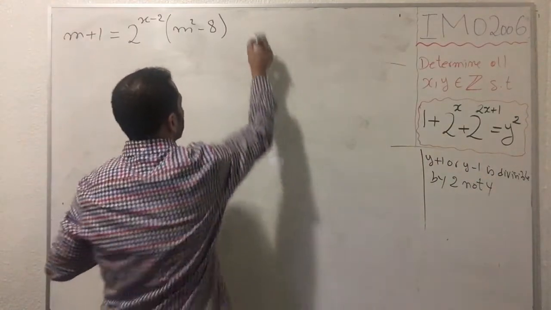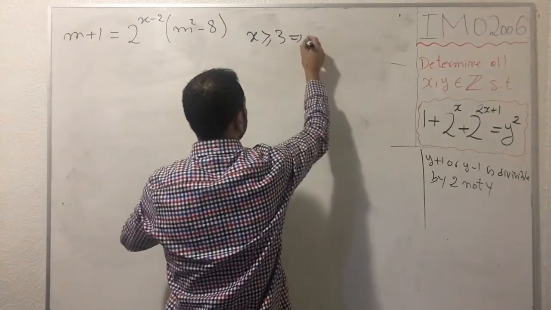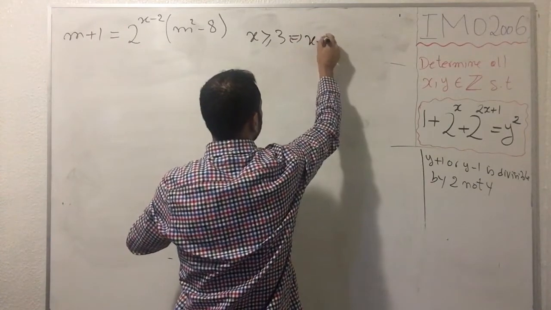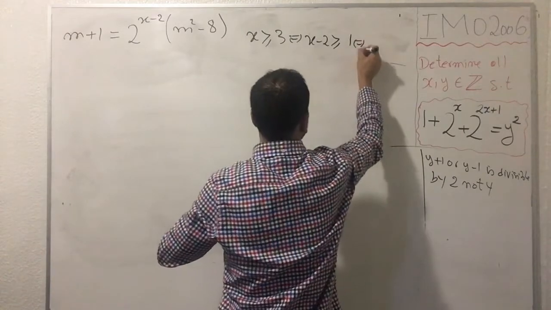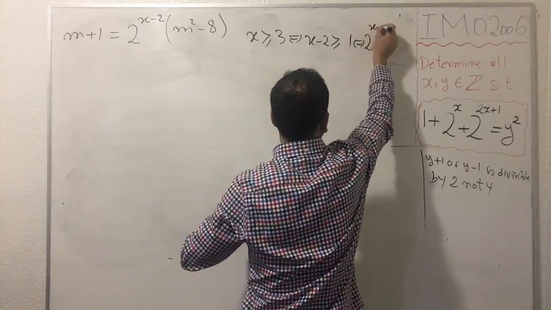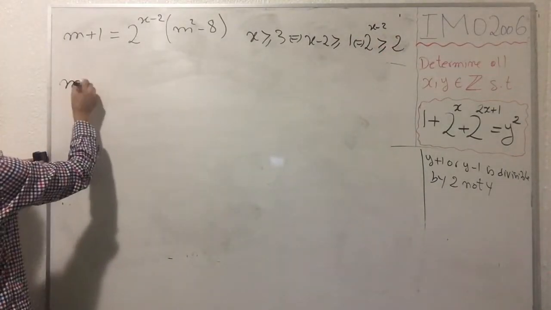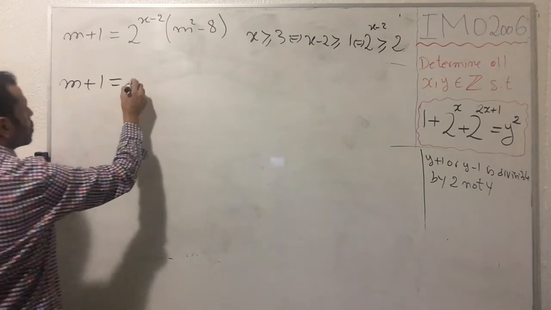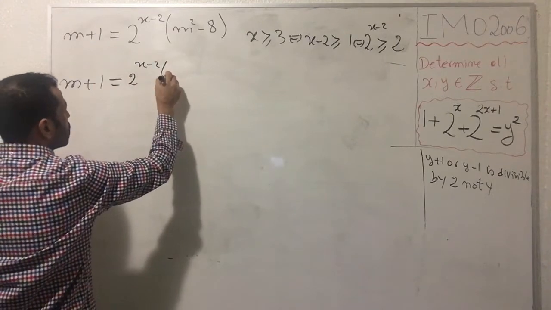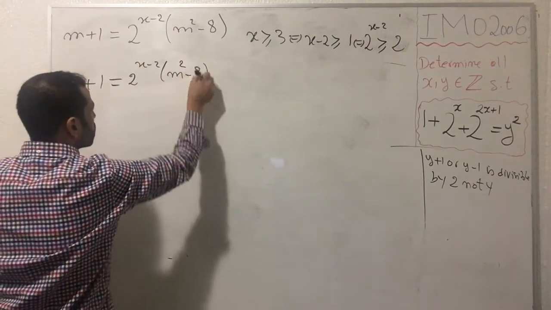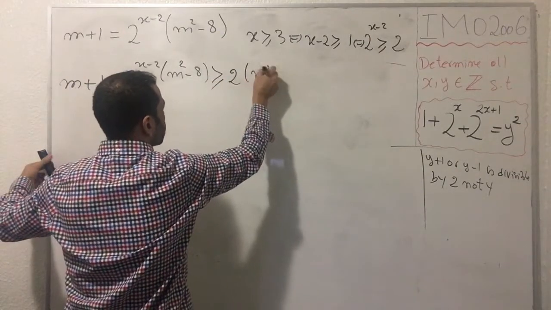So now, since we know x is greater than 3, this is equivalent to x minus 2 greater than 1. That means 2 to the x minus 2 is greater than 2. That means m plus 1 equals 2 to the x minus 2 times m squared minus 8, which is greater than or equal to 2 times m squared minus 8.